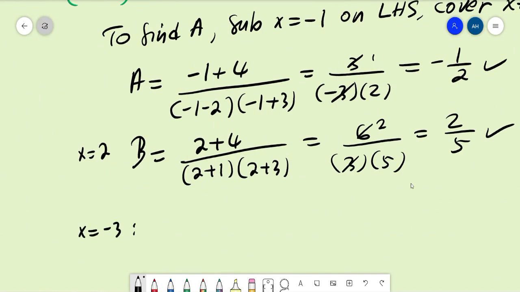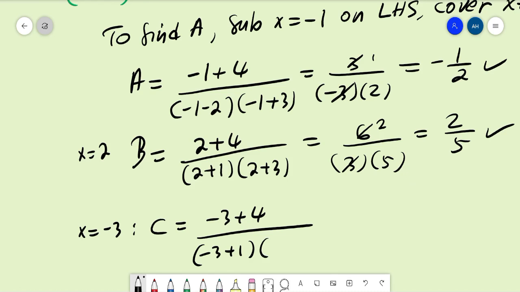So we have negative 3 plus 4 over, now x plus 1, so negative 3 plus 1. And then in the second factor, x minus 2, so negative 3 minus 2.